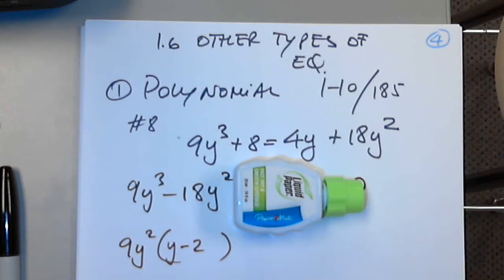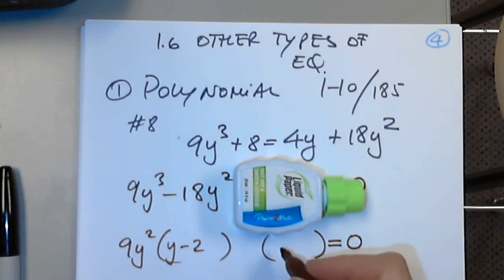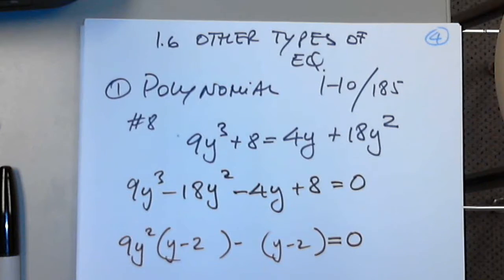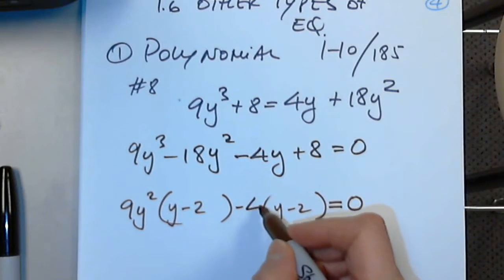Now look at the other 2 and tell me what you should have coming out from the other 2. Exactly. Of course, I accept any method, but is it safe to write y minus 2 first and then look? I need a sign and a factor. Negative. Yes? Negative 4. Exactly.